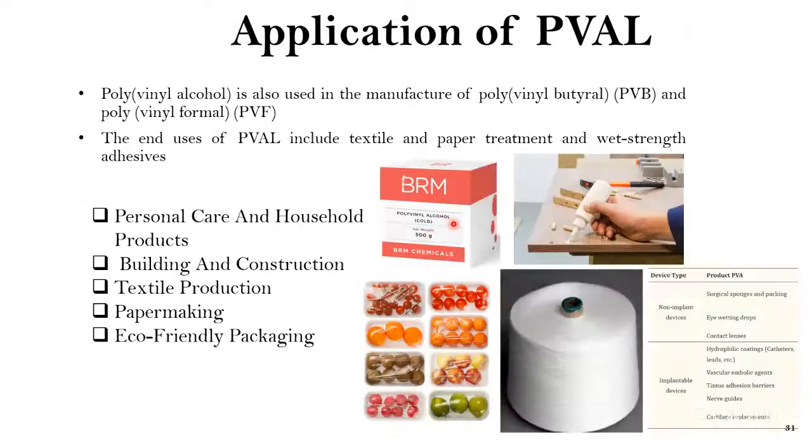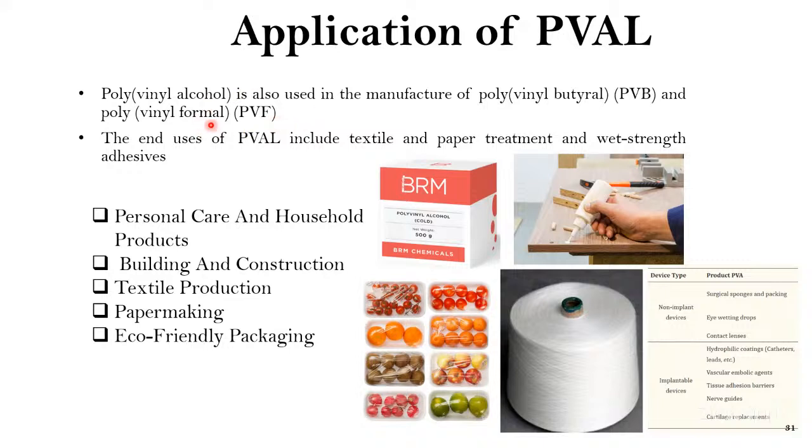But PVA has many other applications also. Polyvinyl alcohol is also used in the manufacturing of polyvinyl butyral and polyvinyl formal, which we studied just now, 10 to 15 minutes back.